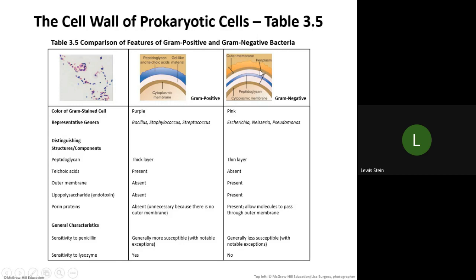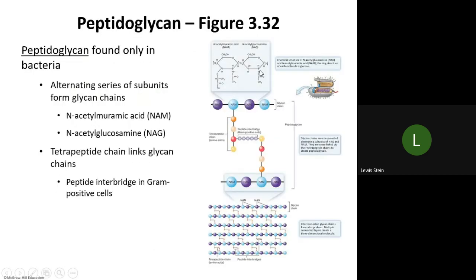Pores or porin proteins allow transiting of water. NAMs and NAGs, you won't have to know the names, but they're alternating glycans, nitrogenated sugar-like substances. The only time you see the tetrapeptide chains and the interbridges is in gram-positive.